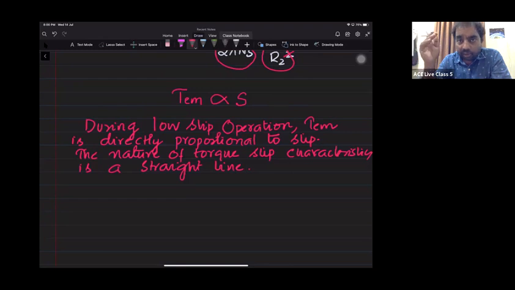Speed decreases, relative speed increases, flux cutting increases, EMF in the rotor conductors increases, current increases, phi2 magnitude will increase, opposition will increase, flux in the air gap will decrease, E1 will decrease, V minus E1 will increase, current drawn will increase, power drawn from the source will increase, power fed to the rotor will increase, and the torque which depends on that power will also increase to supply the load torque. So what is the relation between torque and slip during low slip operation? Directly proportional. Is this point clear? Confirm me all of you.